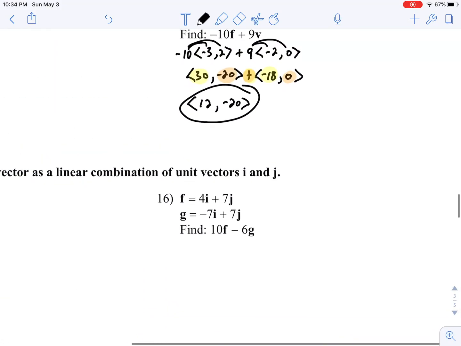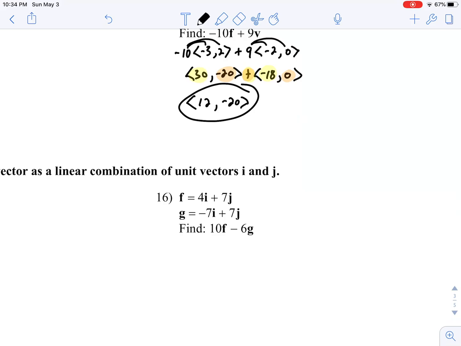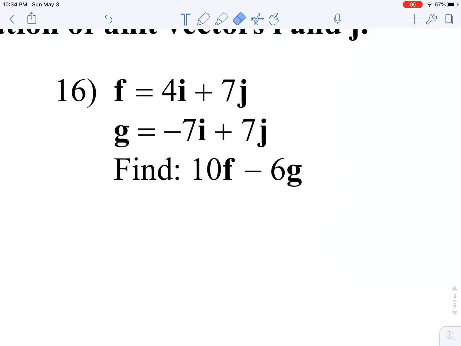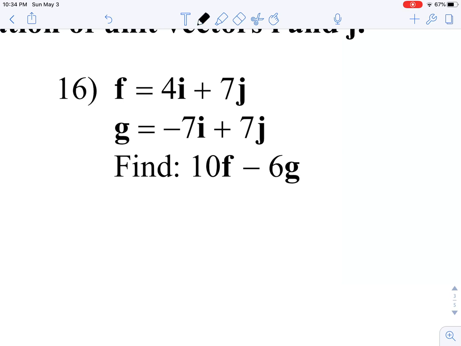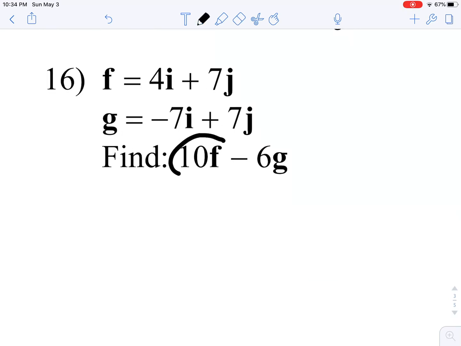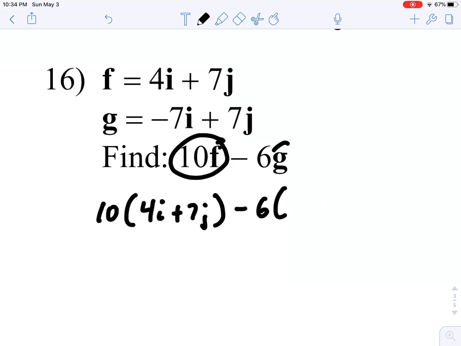Number 16 is the same thing. We're combining operations here. So we got scalar multiplication, subtraction. But now we are in the IJ form, or the linear combination form. So to do this, 10 times f. I'm going to look at that first. That's 10 times 4i plus 7j, minus 6 times g.